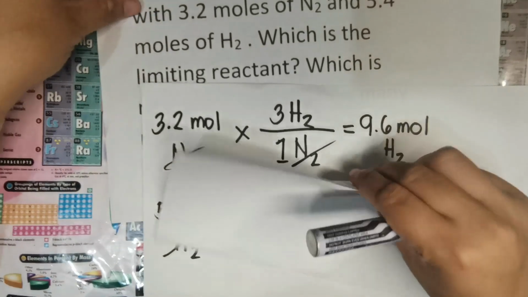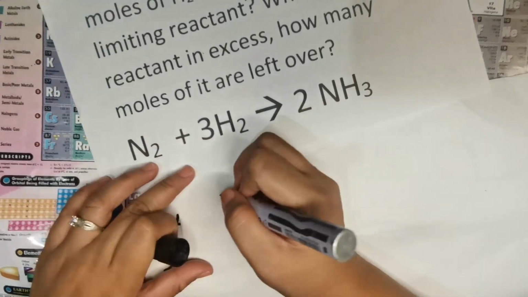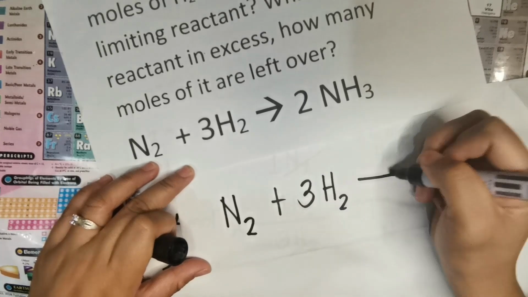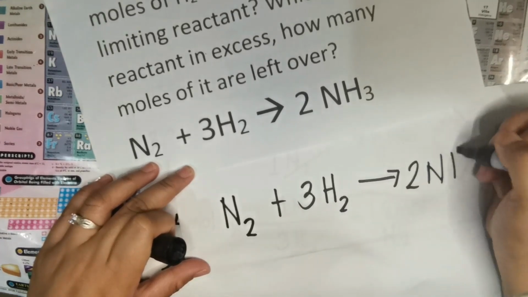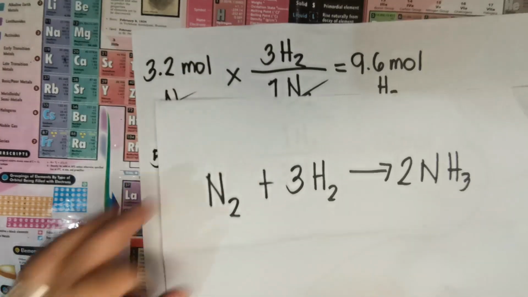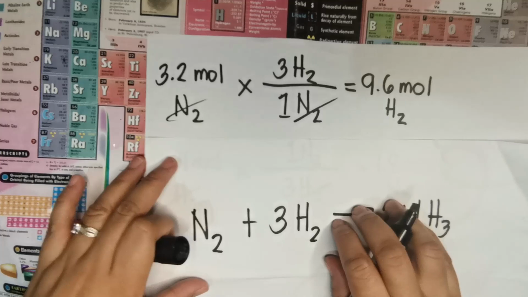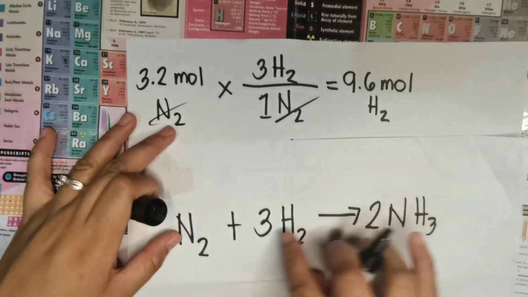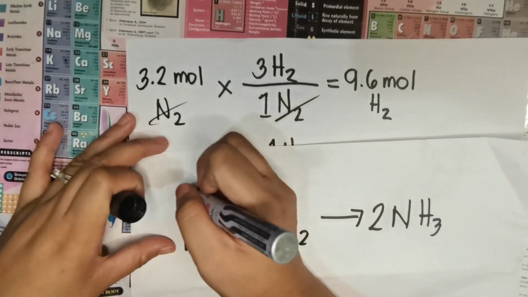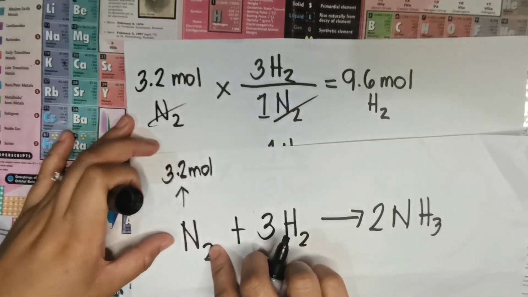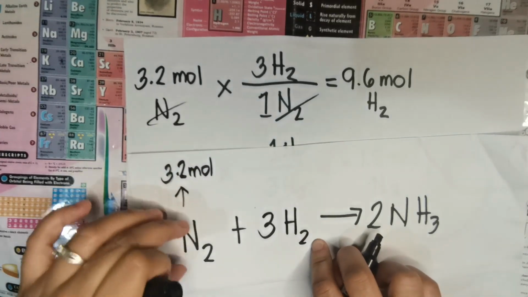So, try ko lang kunin yung balanced equation para masulatan natin. So, this will be our balanced equation: nitrogen gas plus 3H2 yields 2NH3 ammonia. Okay, let's have this one, balanced. So, if we use this first equation natin, ginamit natin lahat ng given natin which is 3.2 moles of nitrogen gas.